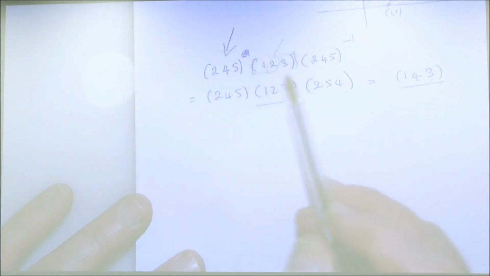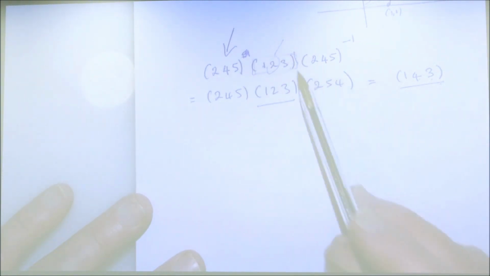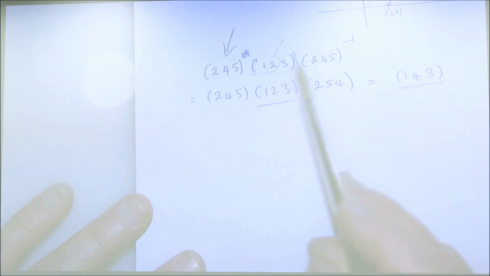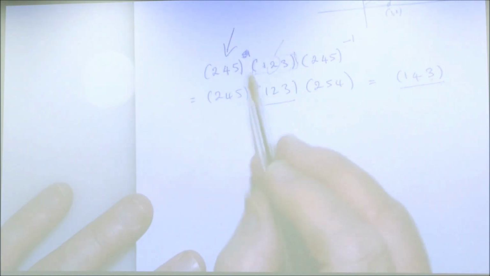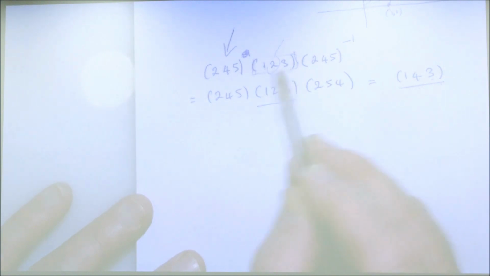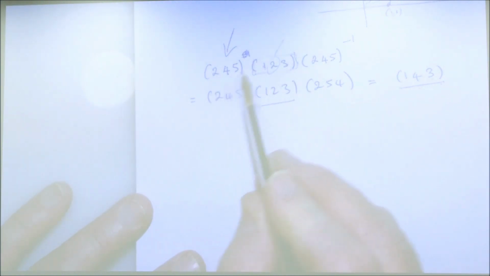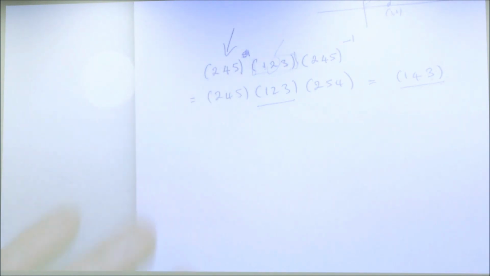If you conjugate an element, what will happen is that it will have the same shape and the entries of the conjugated element can be read off by looking at the original elements and acting upon them by this conjugating element. So it tells you also what elements should go here.